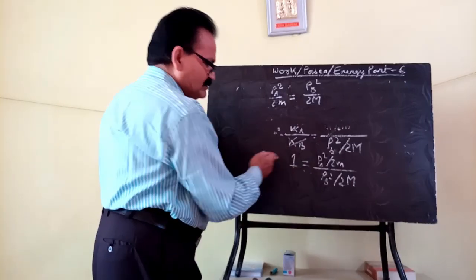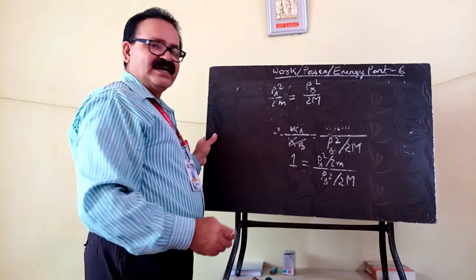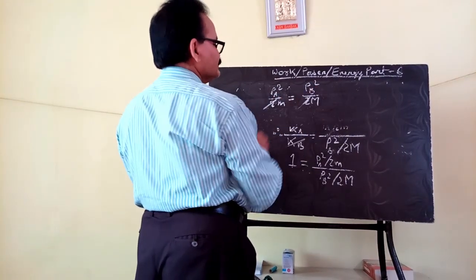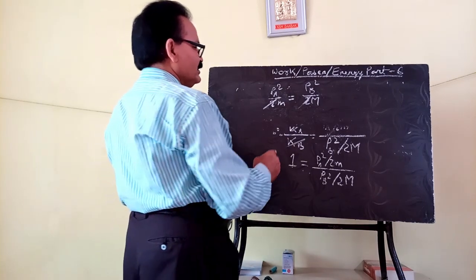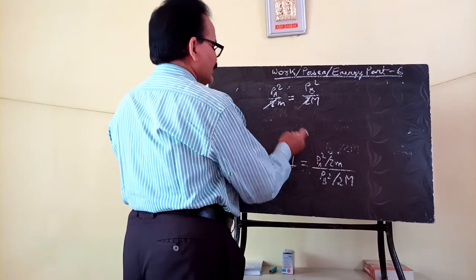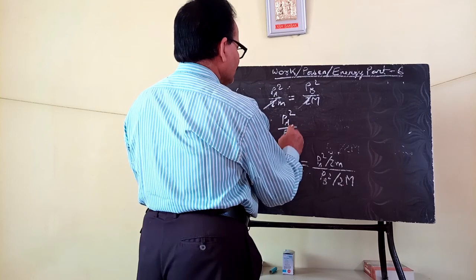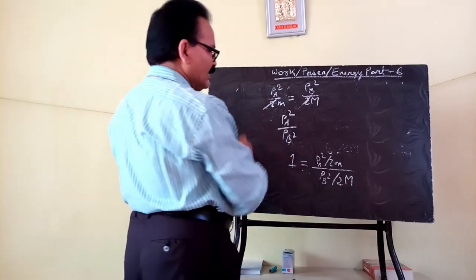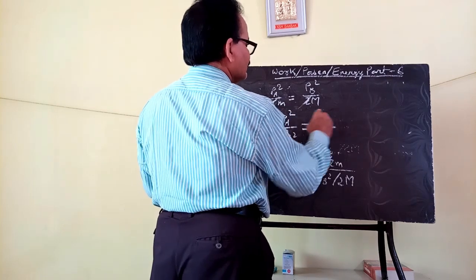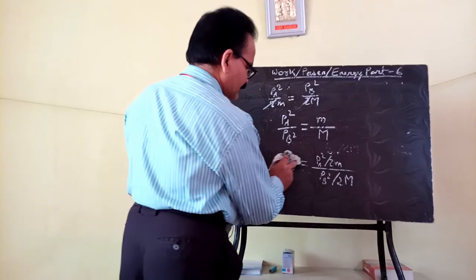Because this is 1, if you cross multiply it, then PA square by 2m must be equal to PB square by 2M. Again this 2 cancel each other from both sides. Now what you will do? After that, you just take PA square by PB square by invertendo, and then small m will be in the numerator and capital M will be in the denominator.